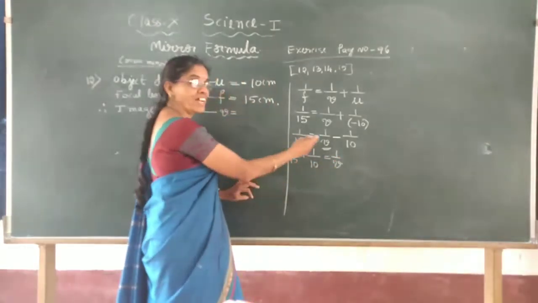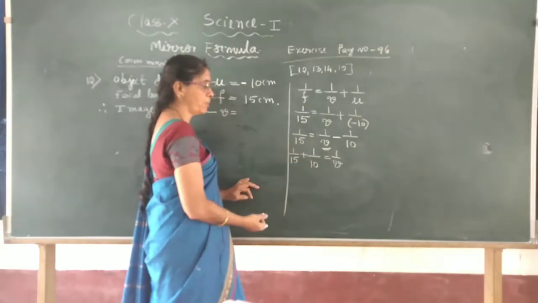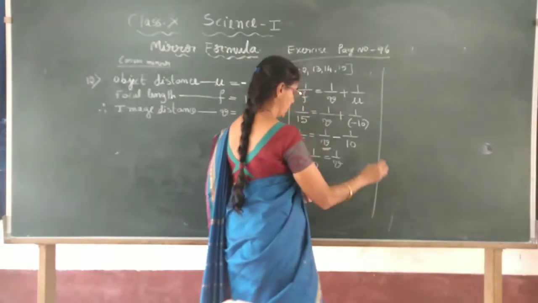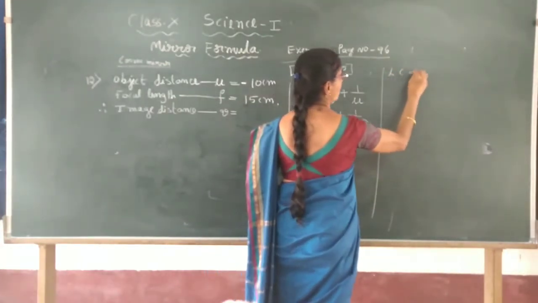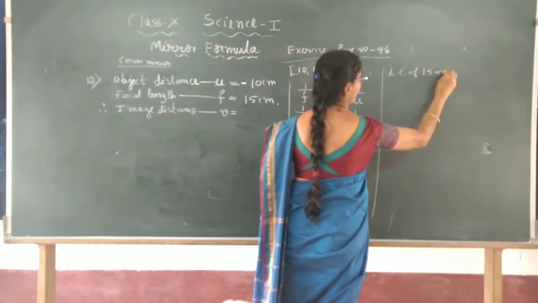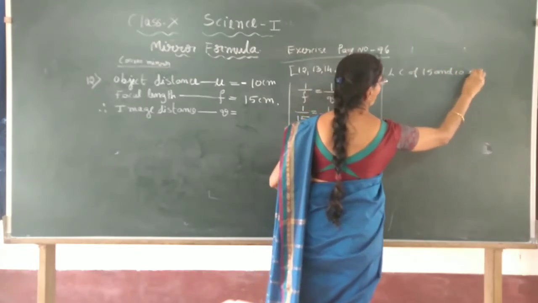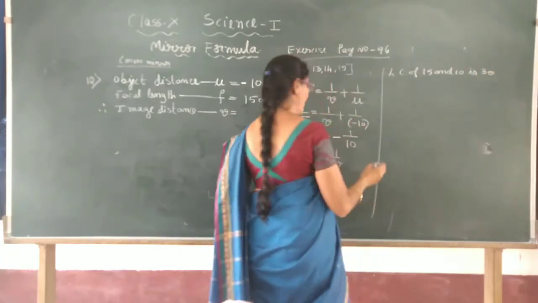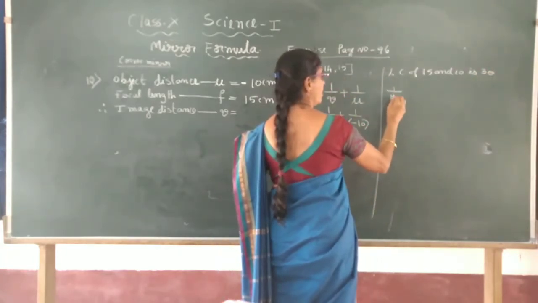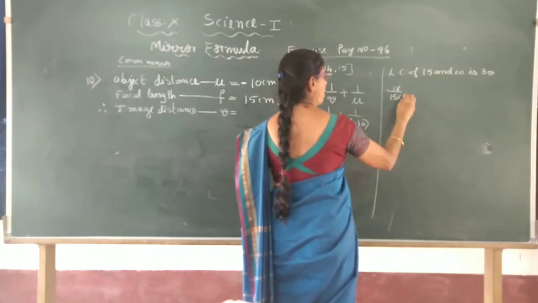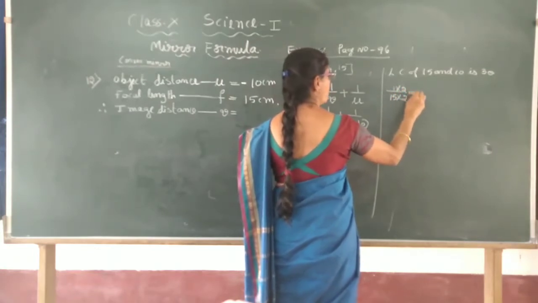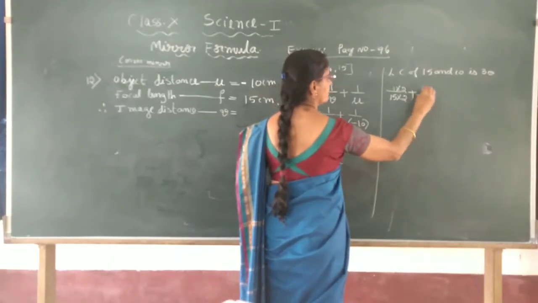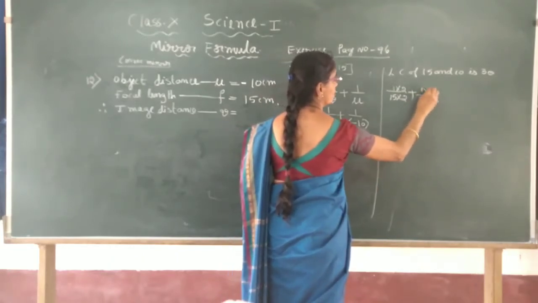Now it is addition of fractions. You know the method. What is the method? You have to find a common denominator. So the LCM of 15 and 10 is how much? 30. So change the denominator 15 by multiplying by some number to make it 30, and 10 into what is equal to 30, children? 10 into 3.